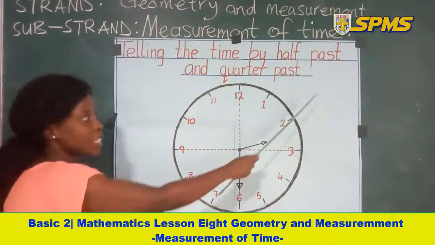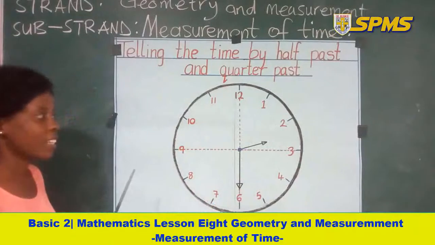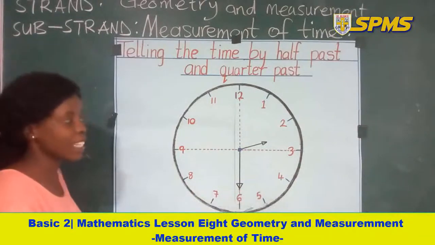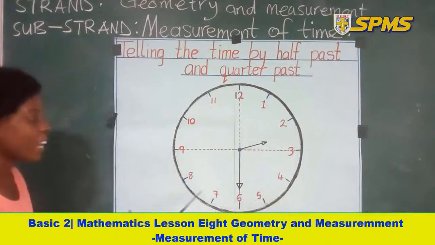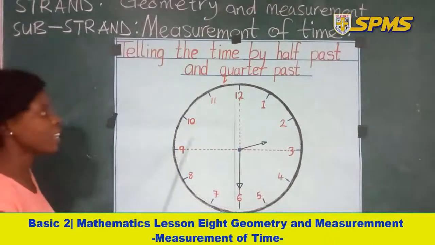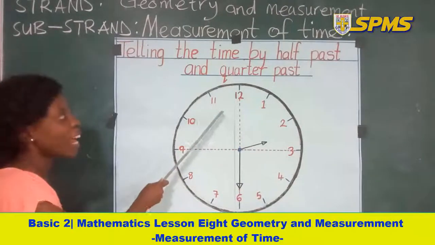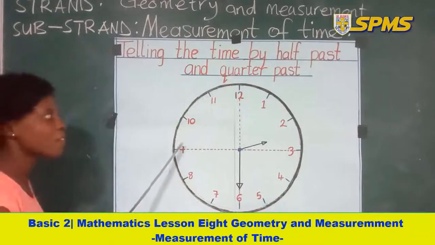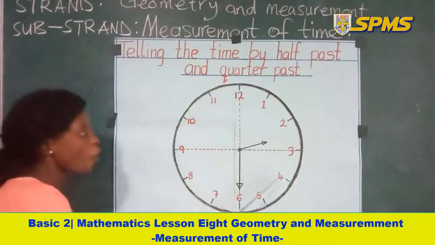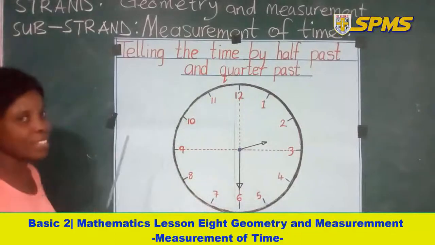So 1 part is a quarter. 3 to 6, another 15. That is another quarter. 6 to 9, another 15 minutes, another quarter. Then from 9 to 12, the last quarter and the last 15 minutes. So making a total of 60 minutes.